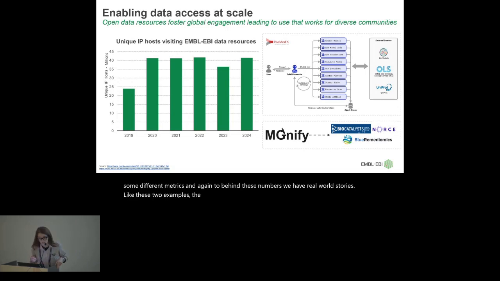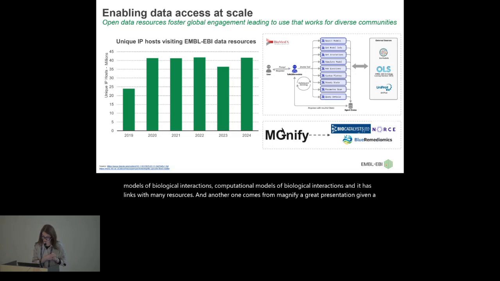The first one is an LLM-based agentic AI that democratizes access to computational models of biological interactions, and it has links with many EMBL-EBI resources. And another one comes from Magnify, a great presentation given a few hours ago.